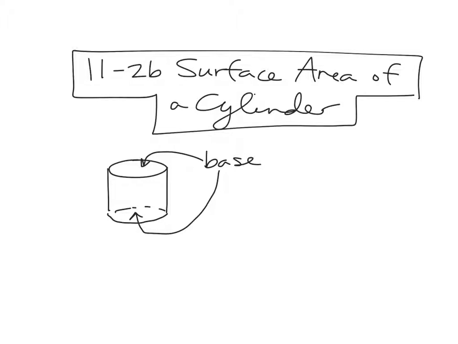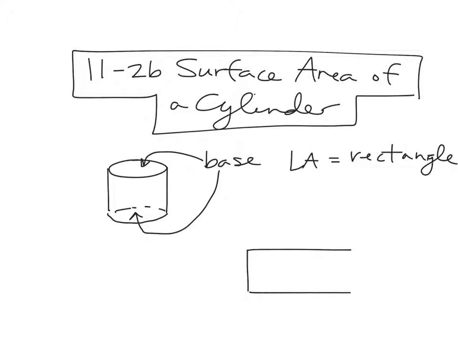So your lateral area for a cylinder is a rectangle. So if I take my cylinder and open it up to draw a net, you would have a circle on top, a circle on bottom, and then the rectangle.